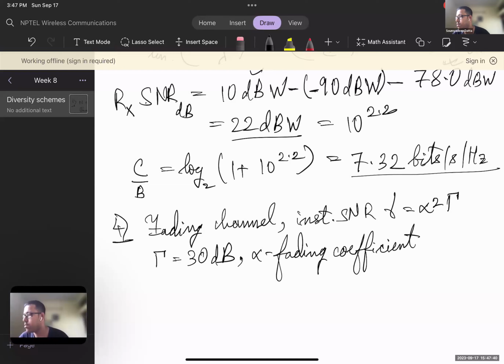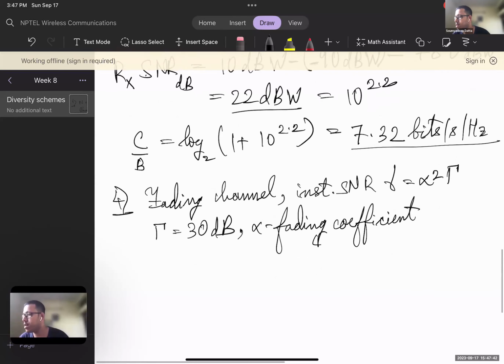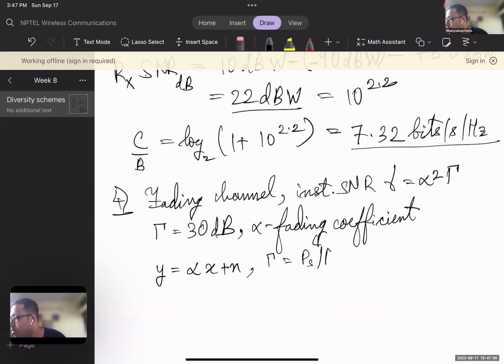This is your typical fading channel, where the output y is equal to alpha times x plus n, and here your gamma is nothing but signal power divided by noise power, which is power of x divided by power of n, and alpha is a random fading coefficient.